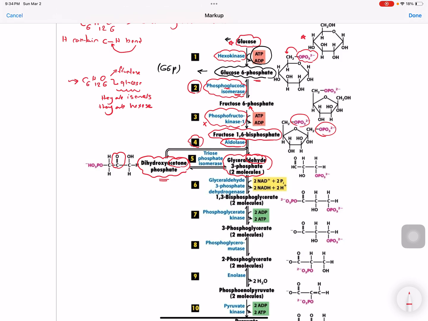Dihydroxyacetone phosphate is an isomer of glyceraldehyde 3-phosphate. So DHAP, dihydroxyacetone phosphate, is converted into another glyceraldehyde 3-phosphate by the enzyme that is called triose phosphate isomerase.